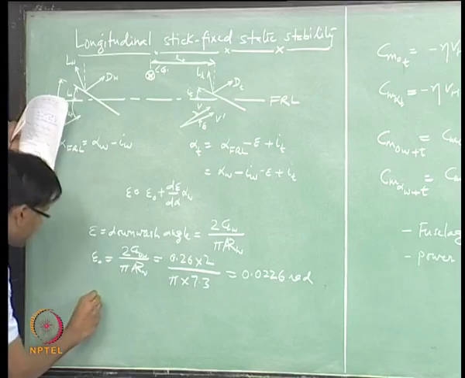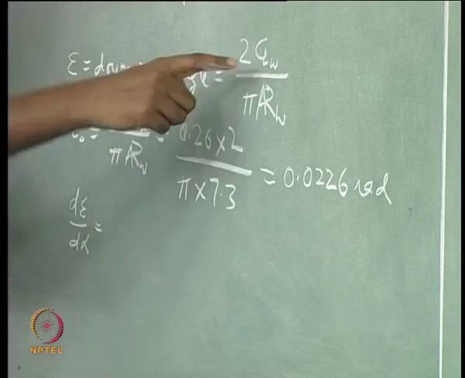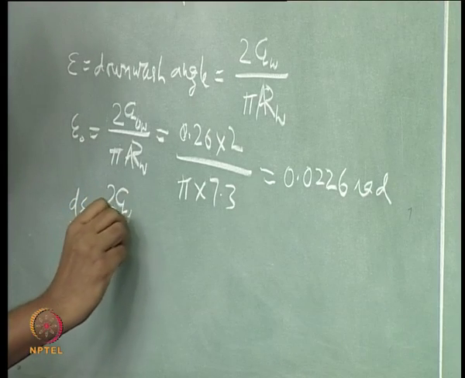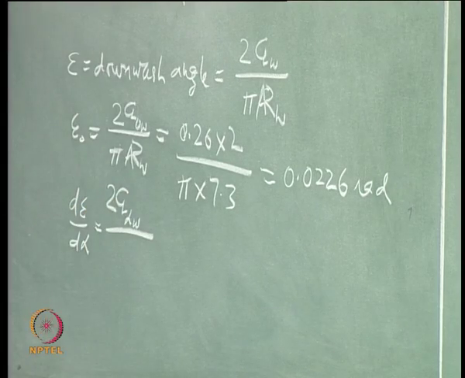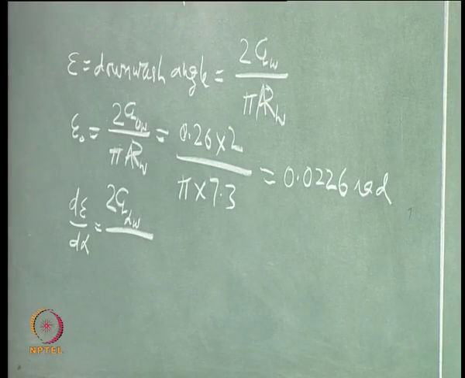Okay. D epsilon over d alpha is nothing but the derivative of this with respect to alpha. So, 2 CL, right, because the downwash is mainly because of the wing, right, that is why we have this W here.